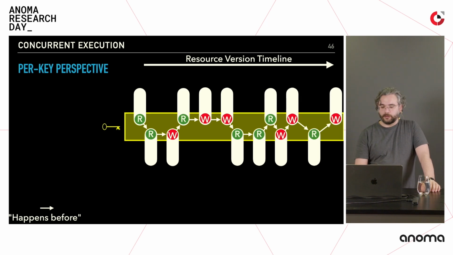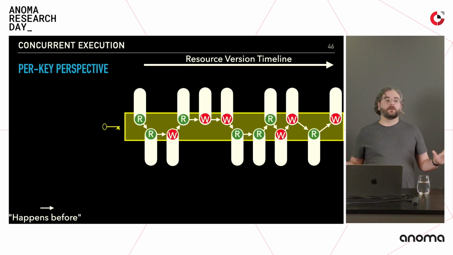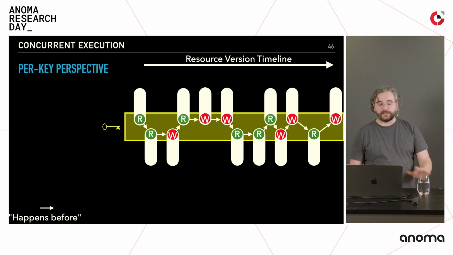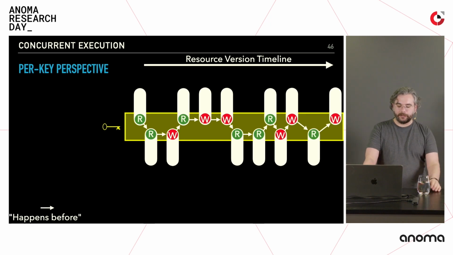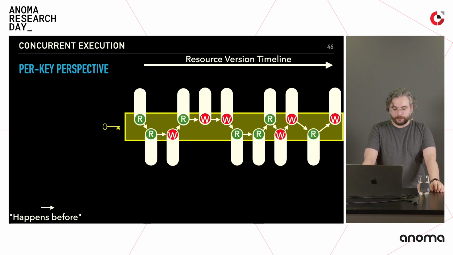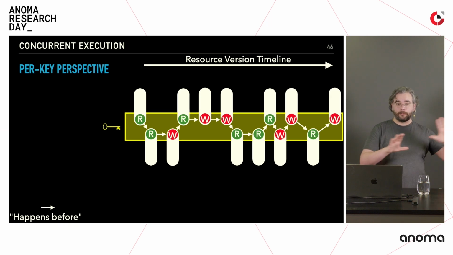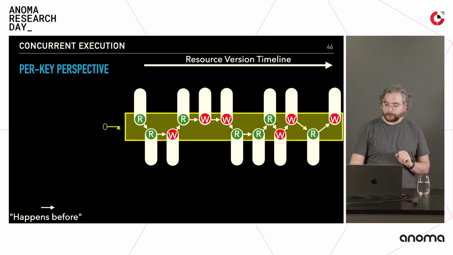None of these do for no particular reason. For now, let's assume that these are totally ordered by consensus. We have already somehow determined a total order. And we have this nice happens before relationship that completely serializes this timeline for this key. That happens before relationship, by the way, is the thing that mempool and consensus are built to do. That's their whole purpose in life, and we've just assumed that it's already done.